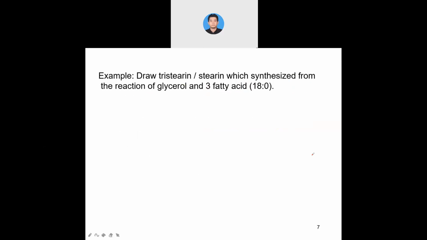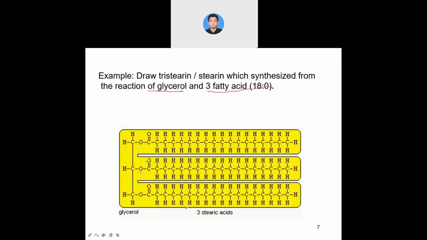For example, draw tristearin, or stearin, which is synthesized from the reaction of glycerol and 3 fatty acids of 18:0. 18:0 indicates the fatty acid has 18 carbons and no double bond. So this is the answer. The reaction is from a fatty acid with the glycerol.